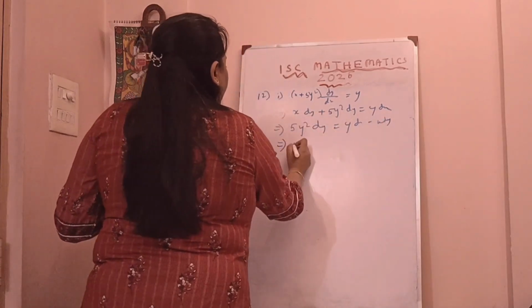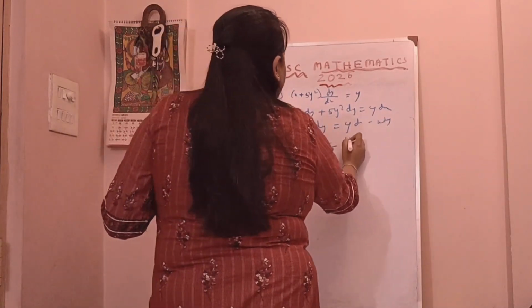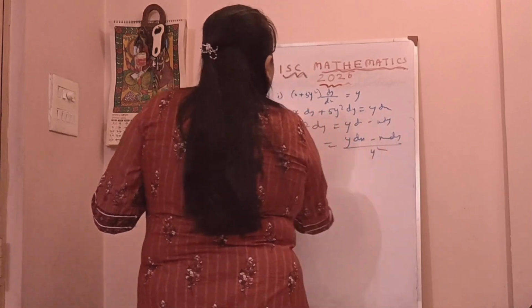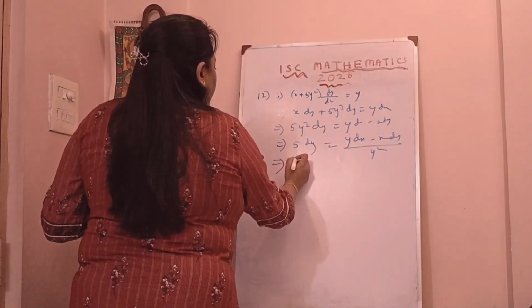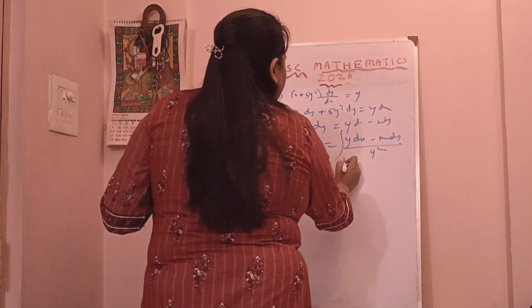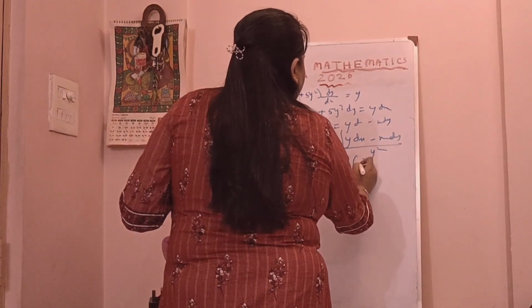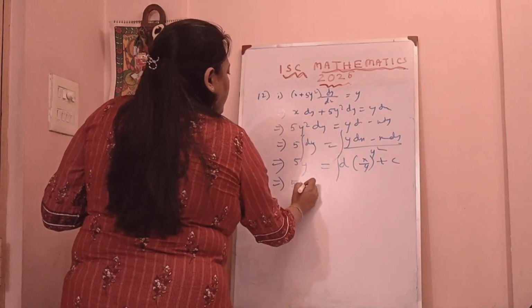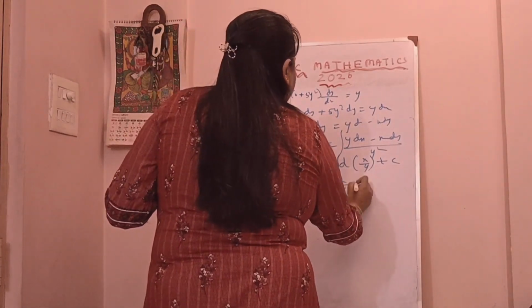So 5 dy = (y dx − x dy)/y². Integrating both sides, 5y = x/y + c.